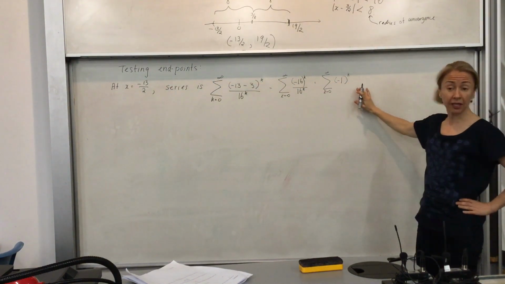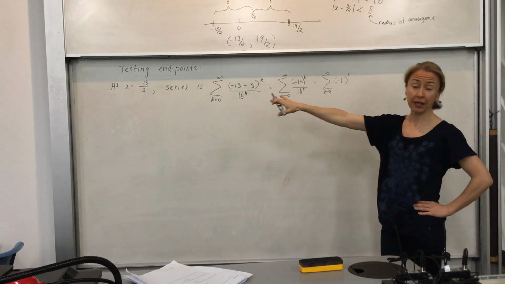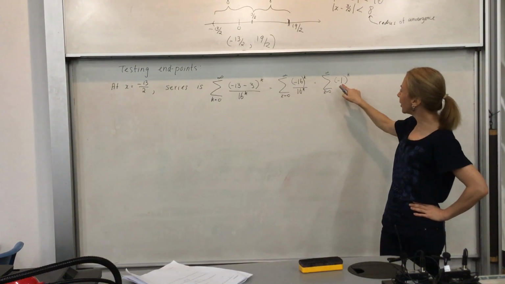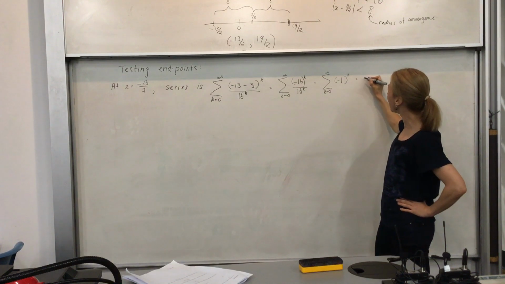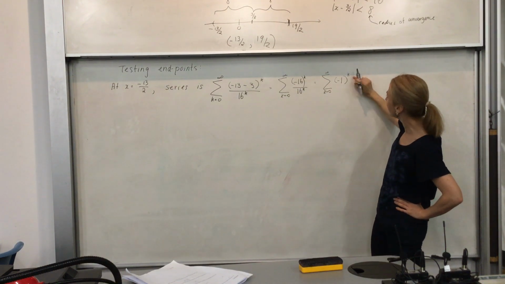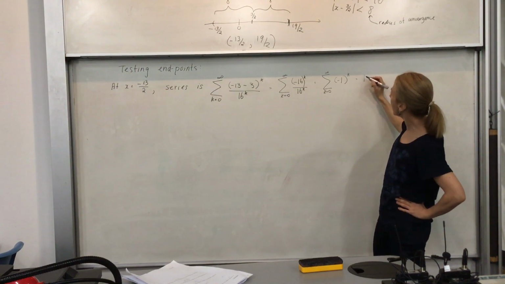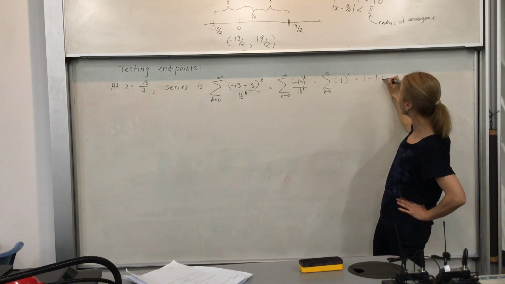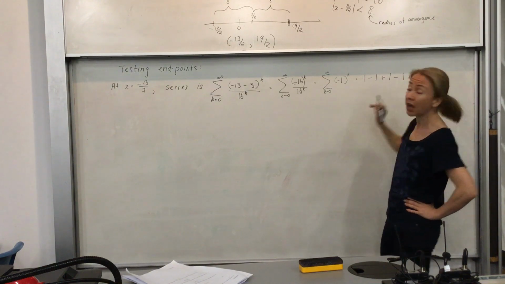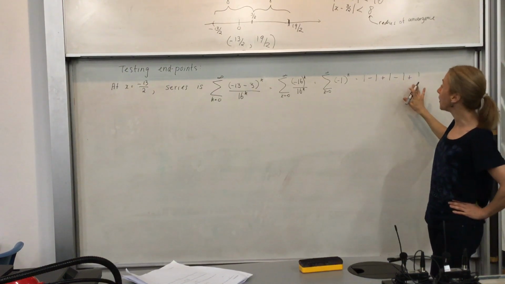That is the particular series we obtain at that left-hand endpoint. In other words, this series will start with plus 1 when k equals 0, and then we'll add minus 1, plus 1, minus 1, plus 1 forever. So that will obviously diverge.